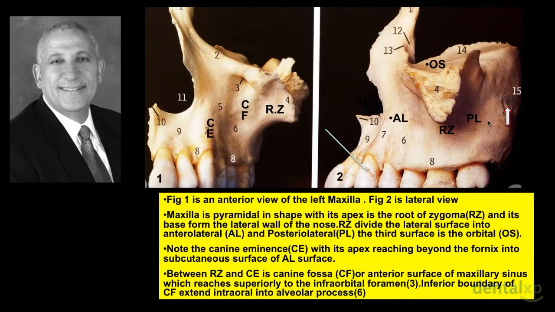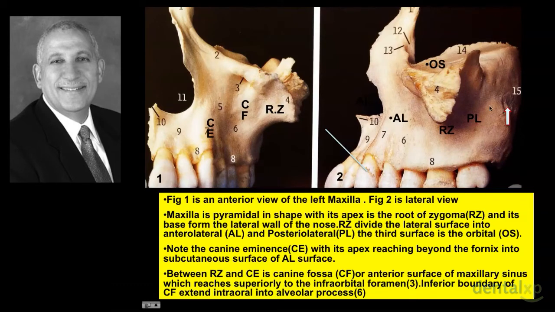Now, I told you that the maxilla is pyramidal in shape. The root of the zygoma is the apex of that pyramid. One surface is the anterolateral surface, the other is the posterolateral surface, and the third is the orbital surface. The orbital surface, which is the floor of your orbit, is the roof of the maxillary sinus.